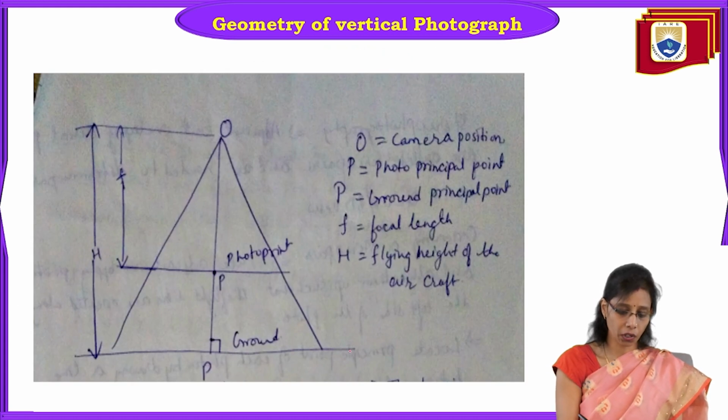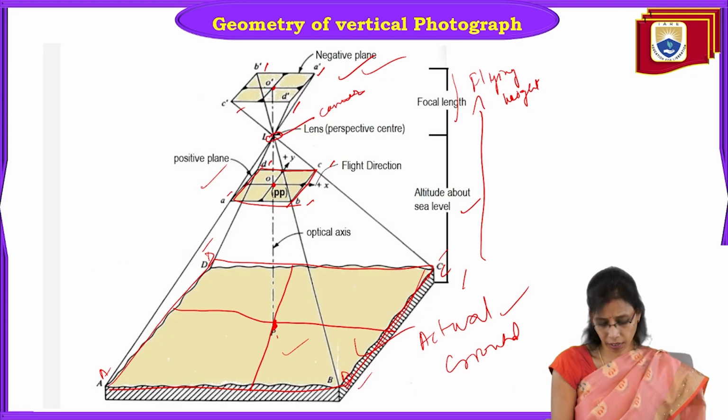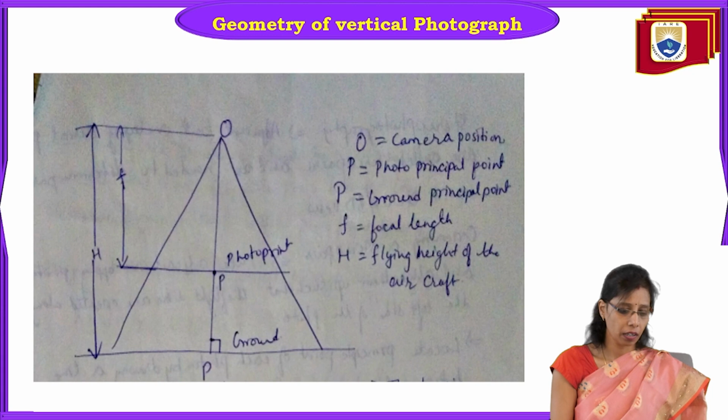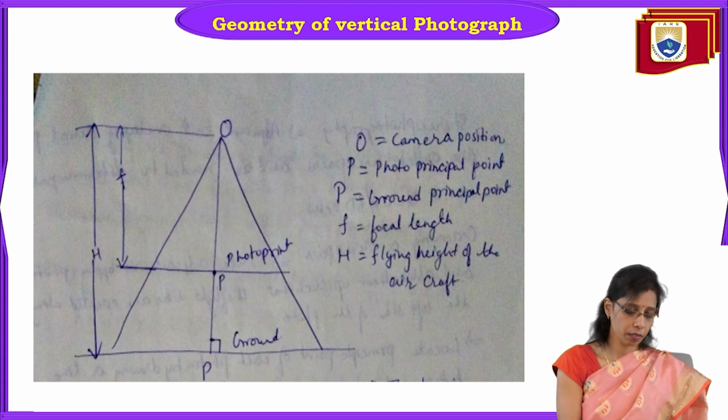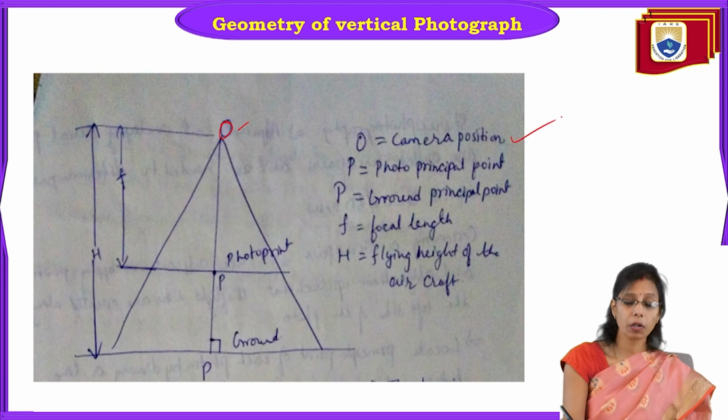Now here we can understand more clearly with this diagram. This is the same vertical photograph geometry. Here O is the camera position.